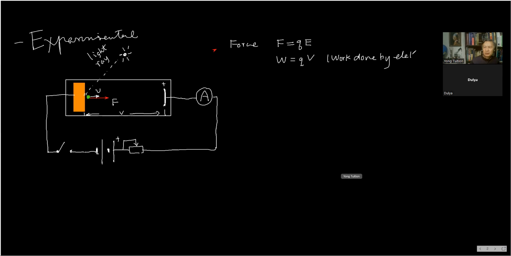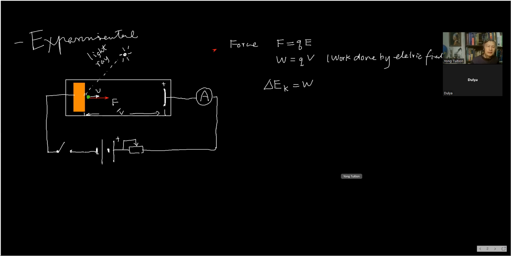So that is work done. Basically, the change in the kinetic energy of the electron is equal to the work done.